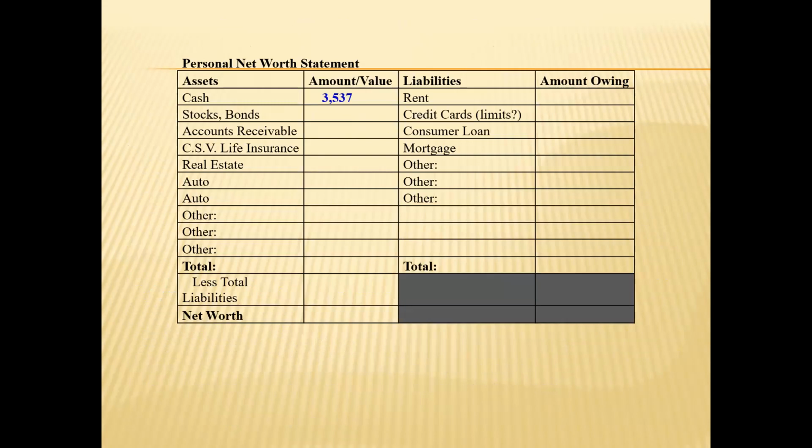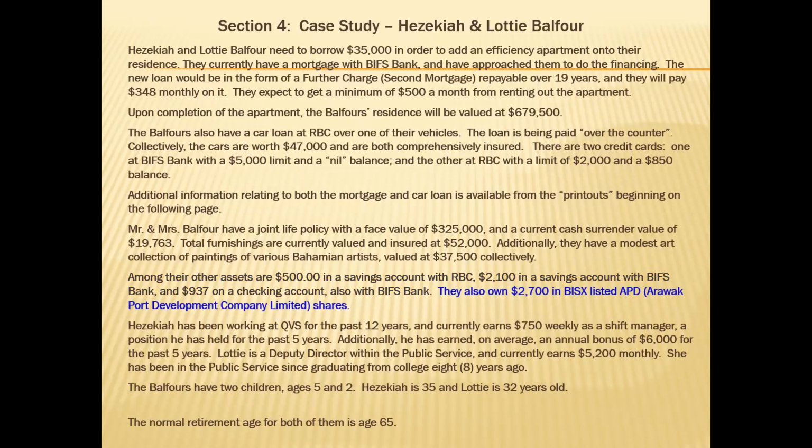Very good. What other asset is there? Do they own some stocks and bonds? They own $2,700 in listed APD Arawak Development Company Limited shares. So we put them in there.